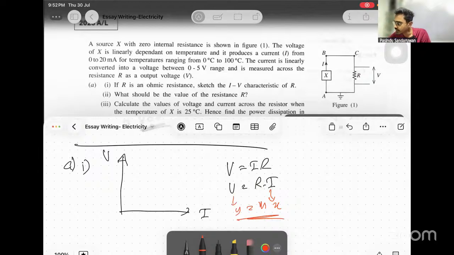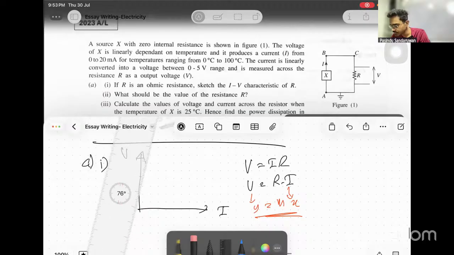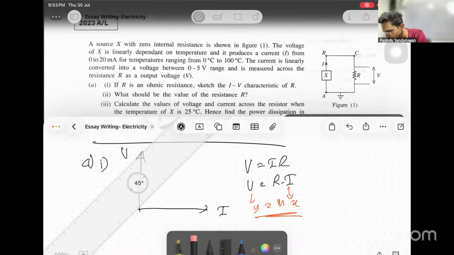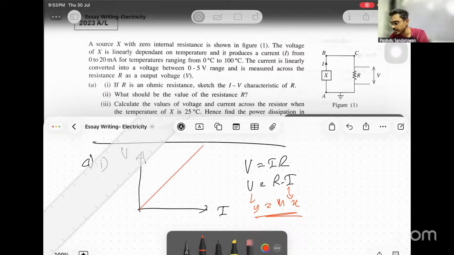That's y equals mx. Then it should be a straight line that goes through the origin. Right? y equals mx.